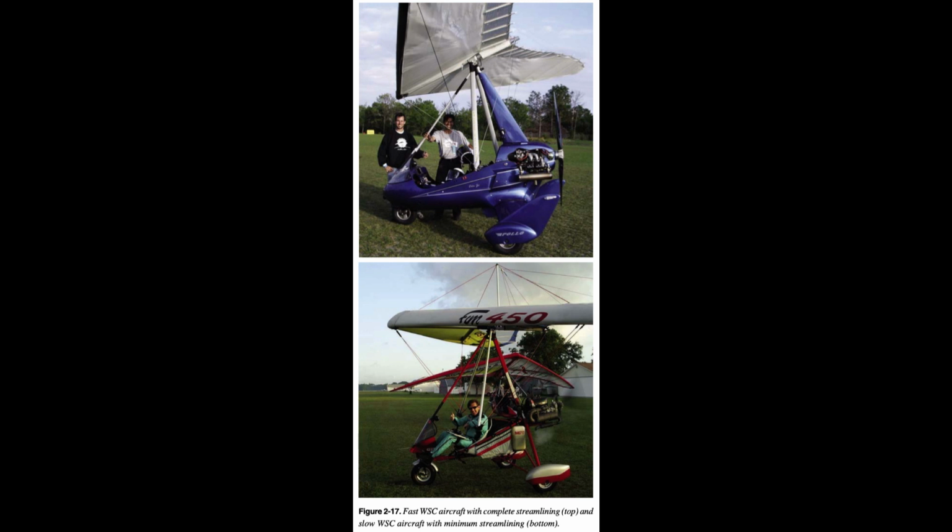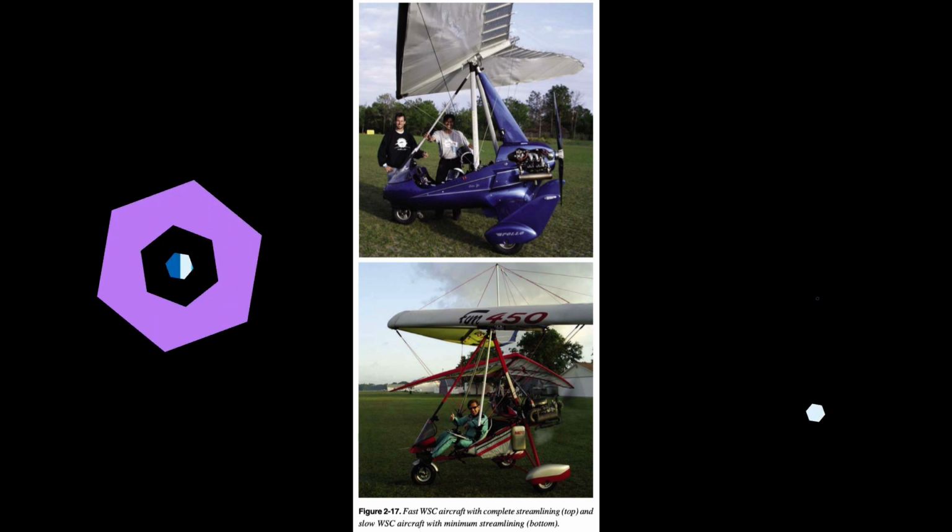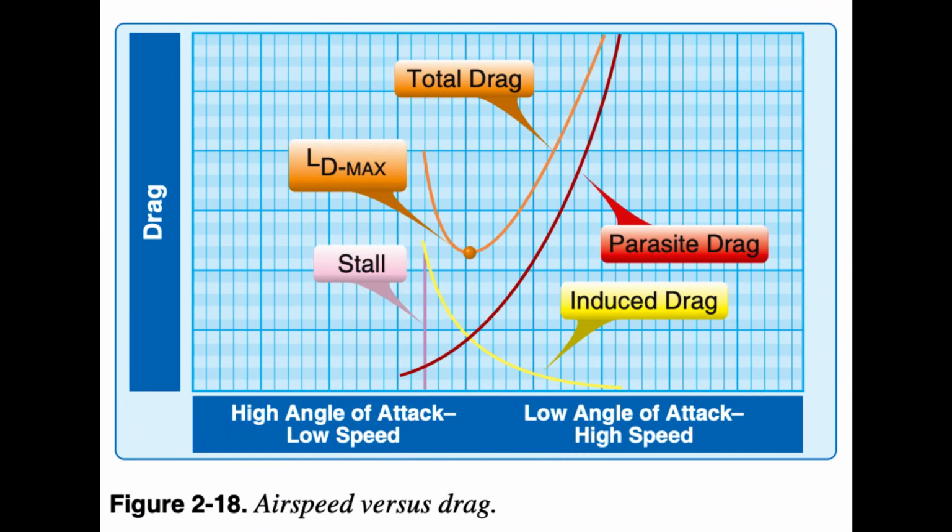In this equation, drag, D, is the product of the coefficient of drag, CD, dynamic pressure, Q, determined by the velocity squared times the air density factor, and surface area, S, of the carriage and wing. The overall drag coefficient is the ratio of drag pressure to dynamic pressure. Induced and parasitic drag have opposite effects as AOA decreases and speed increases. Note the total drag in Figure 2.18.